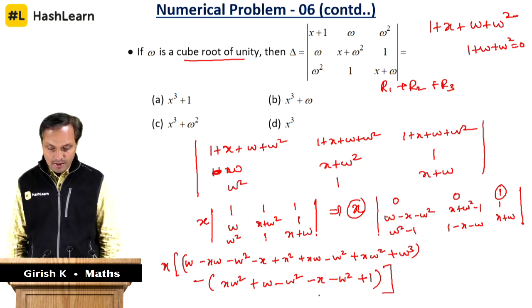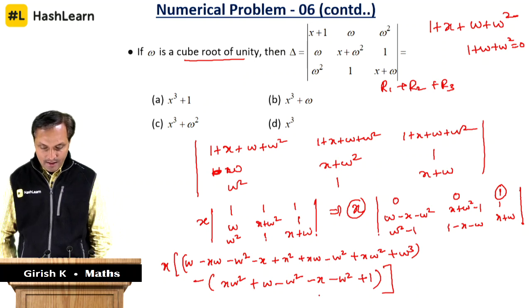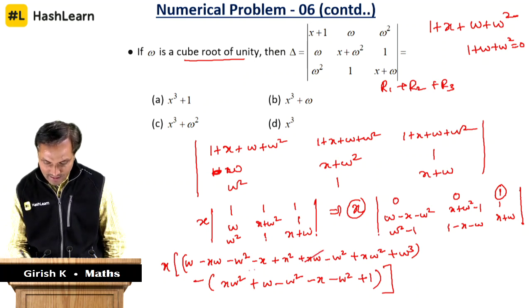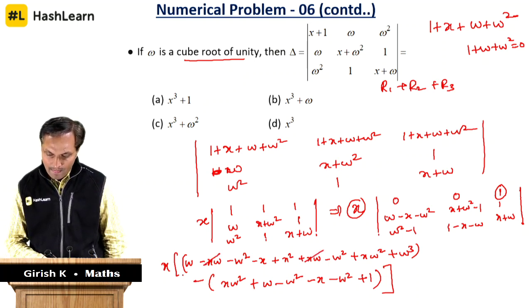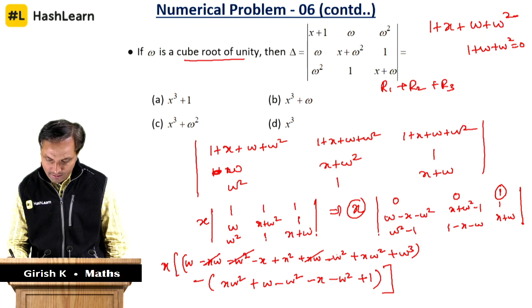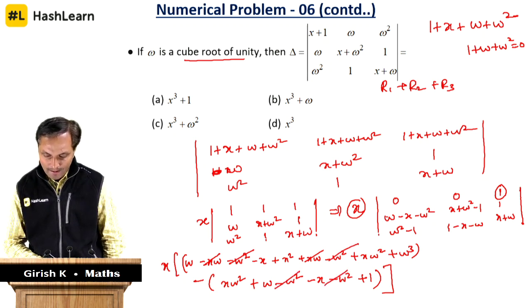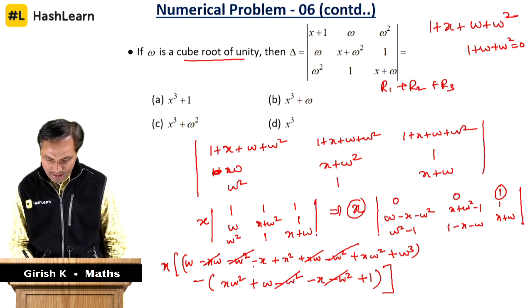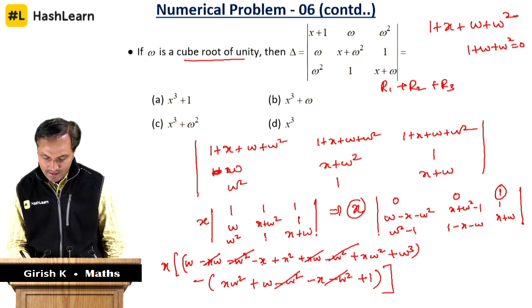Now let us see what are the terms that are going to cancel here. You know that plus x omega will cancel with minus x omega, and again you will have here omega square minus omega square, that will cancel with this omega square and this omega square, and you are left with omega here and minus x here and omega cube here.